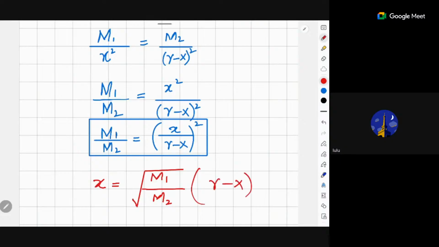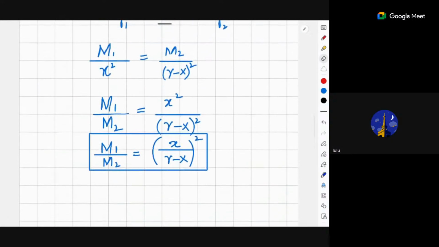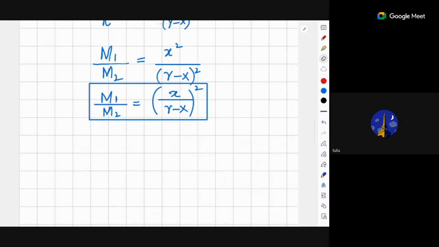Actually, I do not want to write all these equations here to make complications for you. You can simply plug in the values. There are some questions in which we do all this, and you can calculate the ratio of the masses and so on. So you can use this expression for two things: ratio of masses.